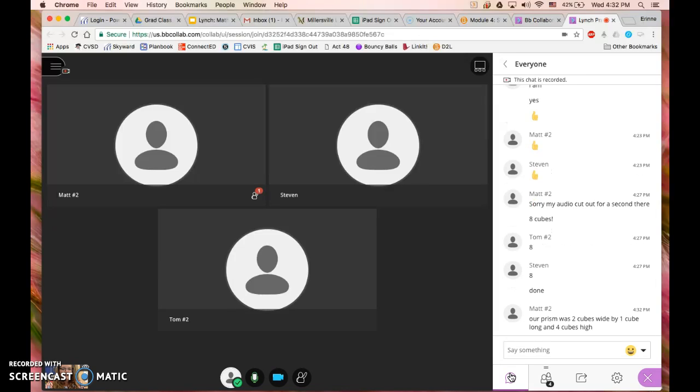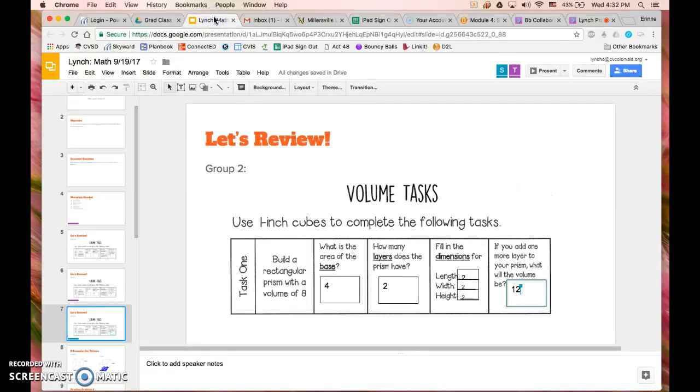Okay, we'll use the chat box. Your prism was 2 cubes wide by 1 cube long and 4 cubes high. And in our group, Tom shared with me that the area of their base was 2 cubes.